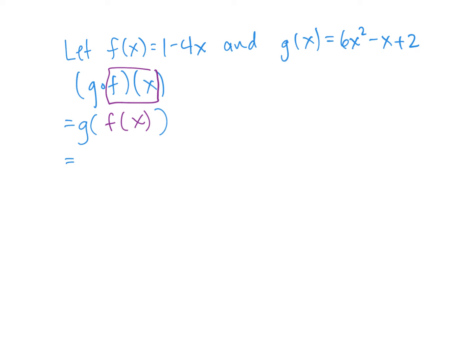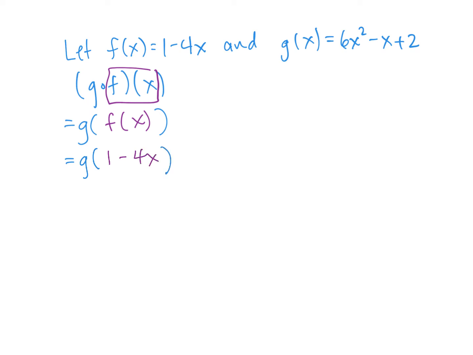No, I'm sorry. I skipped a step. First thing I'm going to do is rewrite f of x with what f of x equals. I'm going to replace this with this 1 minus 4x. So this is g, eventually going to be evaluated for 1 minus 4x.